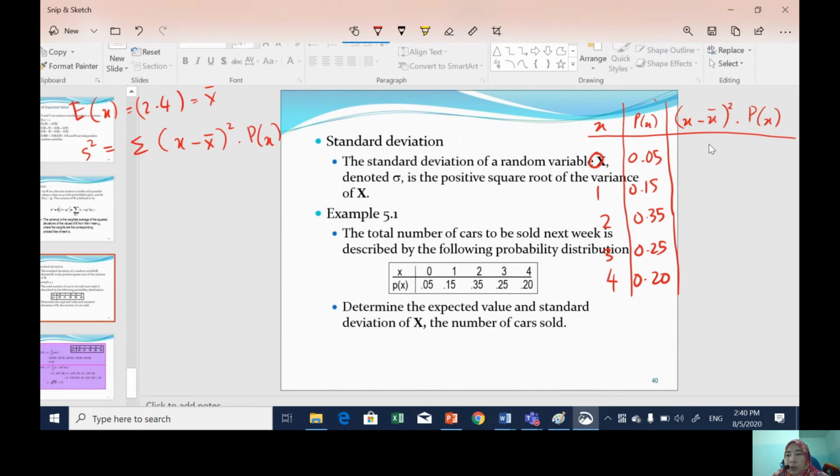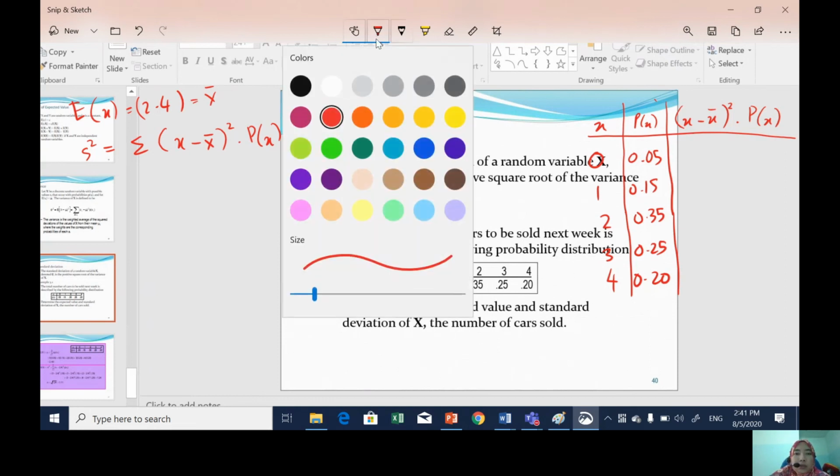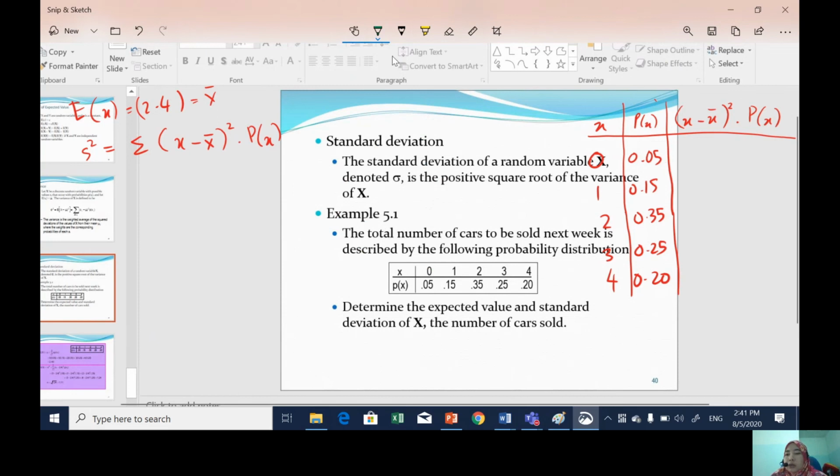Okay, now we are going to calculate the first part. Let me change the colors first. This means (0 minus 2.4) squared times 0.05.